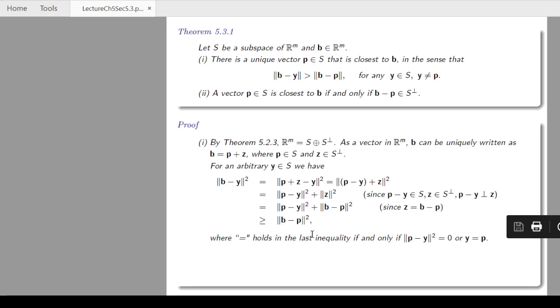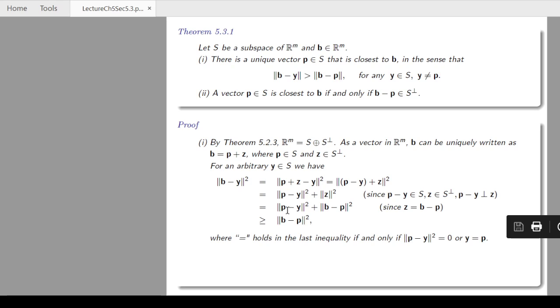And then we want to know in what kind of case or condition the square of the distance between y and b is equal to the square of the distance between b and p. For that, we should have this term equal to 0, right?